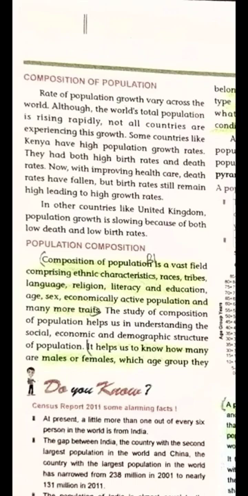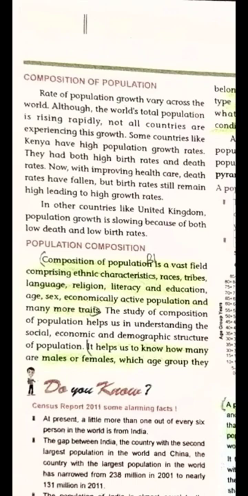It helps us to know how many males or females are there, which age group they belong to, how educated they are, what type of occupations they are employed in, and what their income levels and health conditions are. So all these studies are made when we are studying the composition of the population.